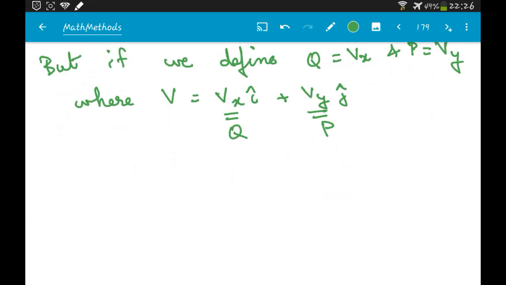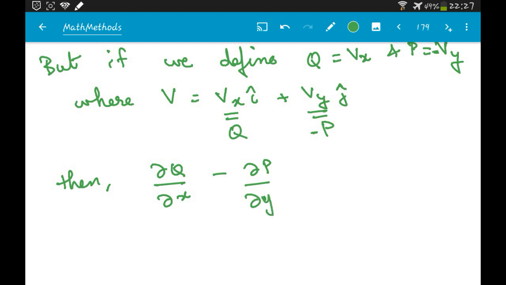Okay, then ∂Q/∂x minus ∂P/∂y, where P is minus Vy, is going to be ∂Vx/∂x plus ∂Vy/∂y, right, because Vy is minus P. And what is this?